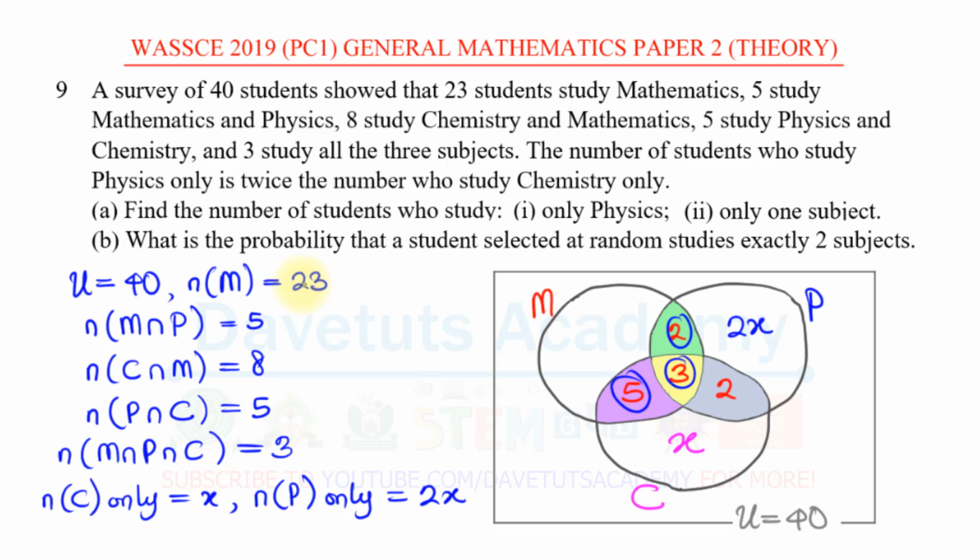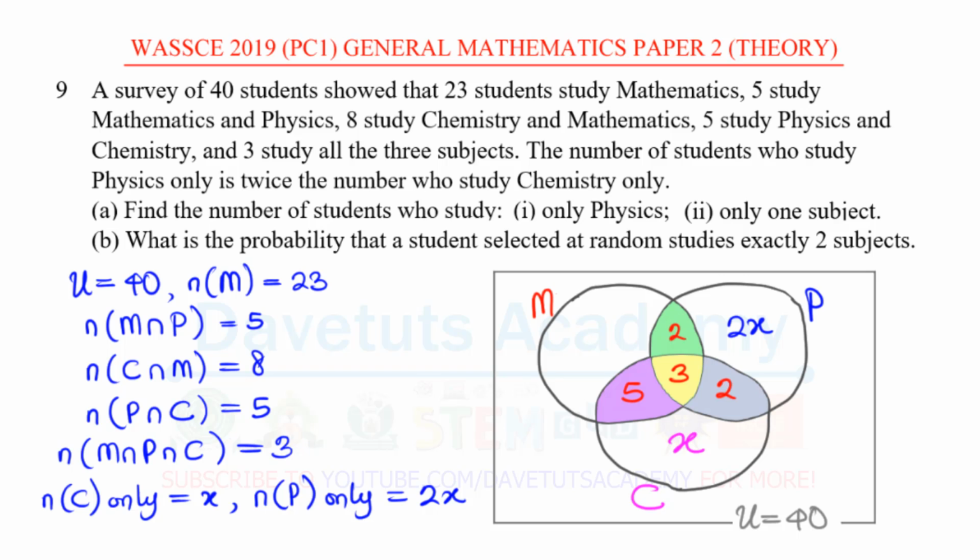But we are told that the whole of mathematics is 23. So what is going to be the remainder, the remaining students that took mathematics only? I think you get the question right and you get the answer right also. That will be 23 minus 10. So 23 minus 10 will be this region of mathematics only.